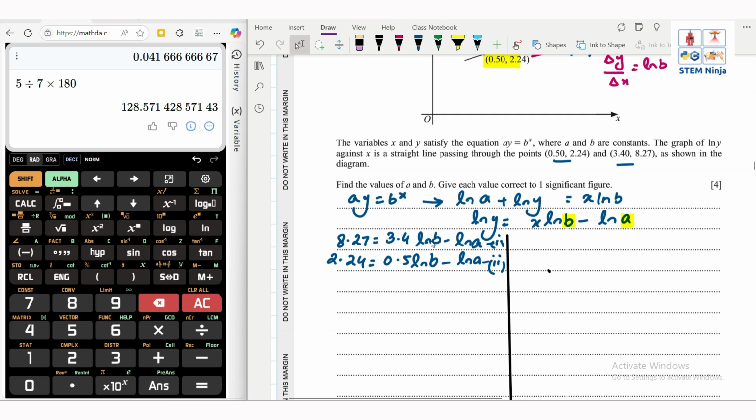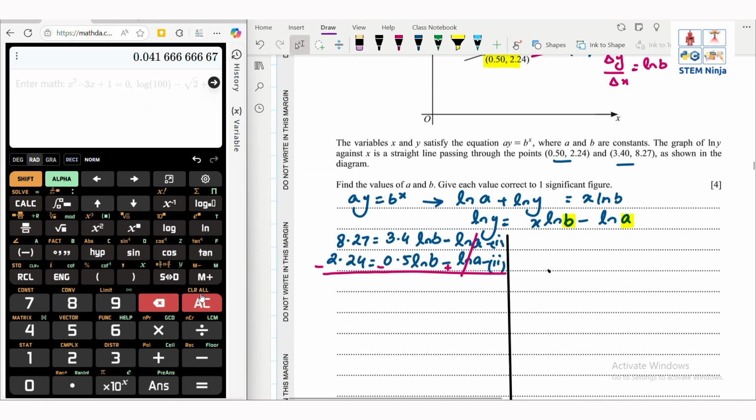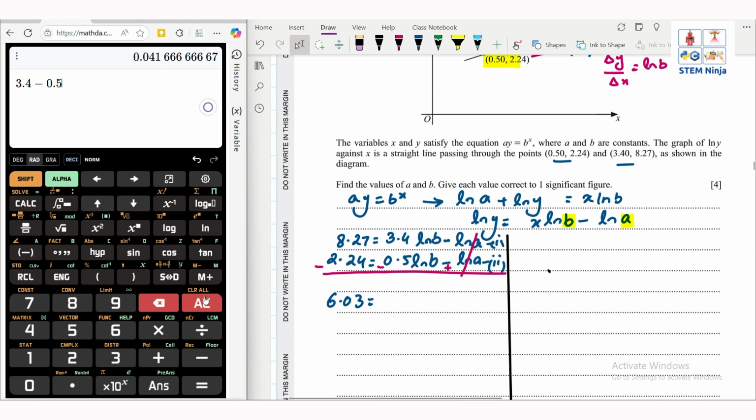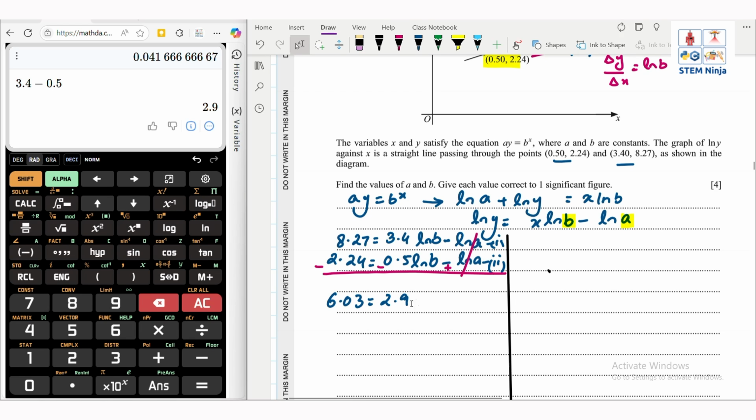So how we can solve this is by subtracting these equations together. So minus minus plus, this cancels out, leaving us with 8.27 minus 2.24. We get 6.03 equals to 3.4 minus 0.5, that is 2.9 ln b. So ln b is 6.03 divided by 2.9.